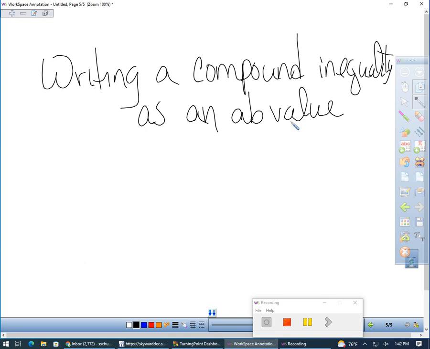All right, so what I'm actually saying is if I have a compound inequality, and for example, and let's say I have 3 is less than or equal to x less than or equal to 5. What I want to do is write the absolute value equation, or absolute value inequality, that gets me that solution set. That's my goal, okay? So here's how we're going to do it. This is the easiest way out of all the years. It's the easiest way I've ever found to teach everybody.